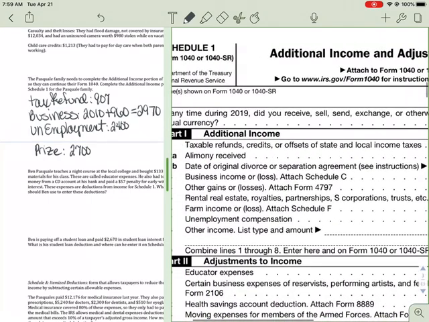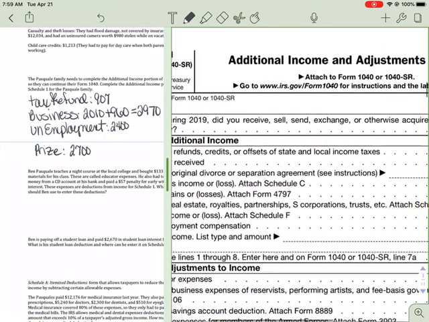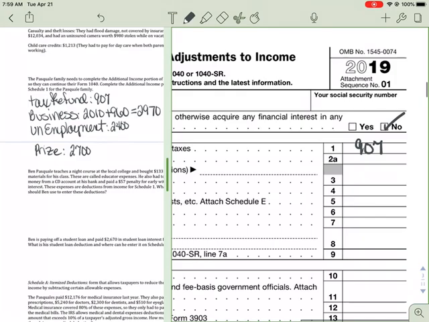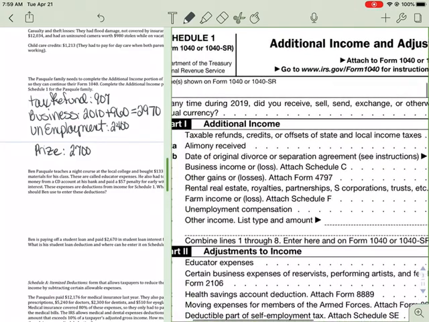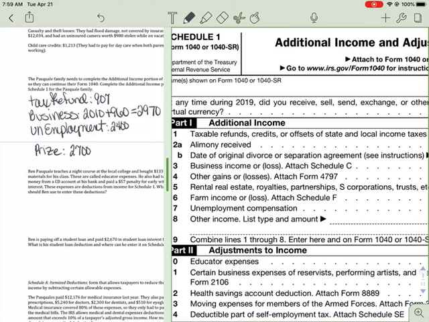Okay, and if we take a look, we didn't have any alimony, they didn't have any divorce or settlement agreement, but they did have business income, and they already filled out their Schedule C, so 2970 would go in line 3.